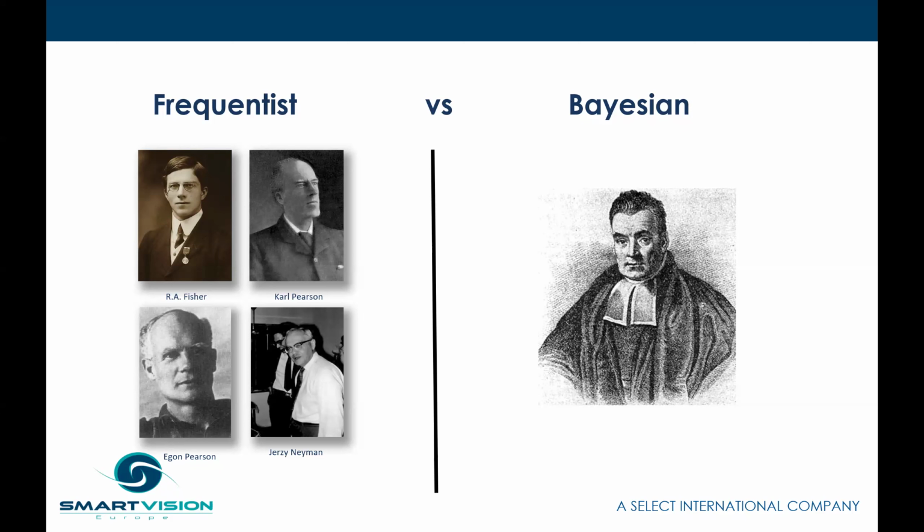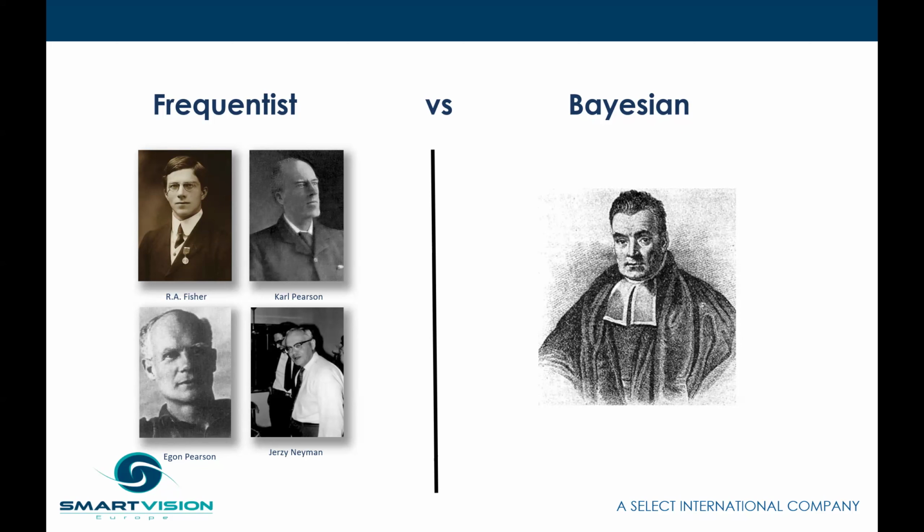These guys came up with a number of techniques and tests and procedures and a language to talk about statistics. So they talk about significance, an alpha level of 5%, 95% confidence intervals, all that type of stuff. They're very much responsible for the furniture of that world of statistics.